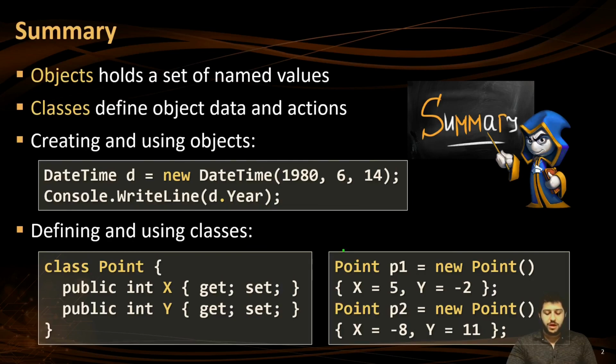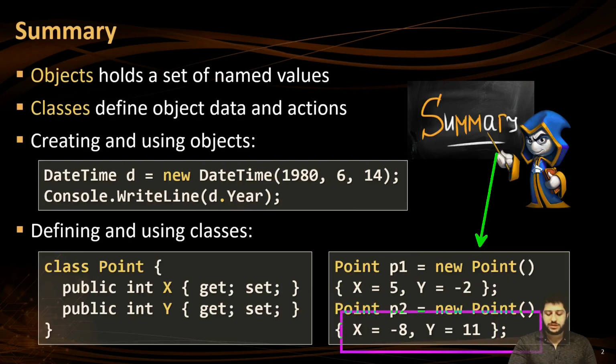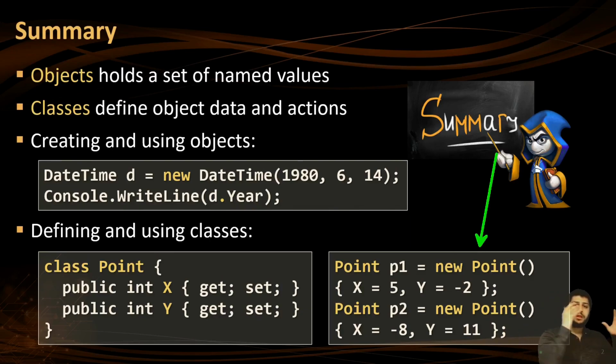And finally, we saw how we can create objects from these classes that we defined by using the new keyword. So using the new keyword, we instantiate the objects and use them for something. We have two different objects with different states, different properties, but both of them are of the same type. And this type is the class Point.